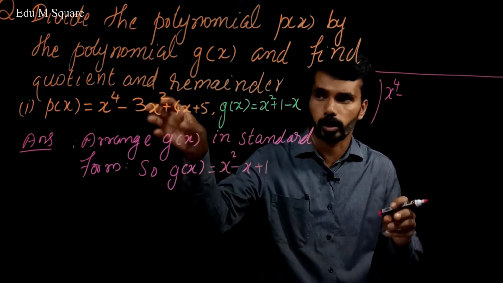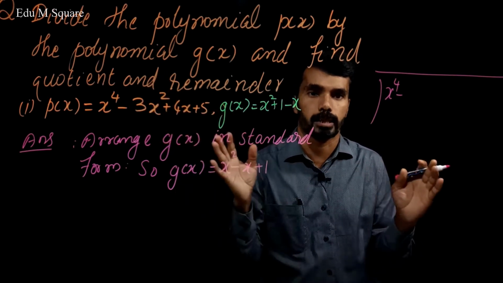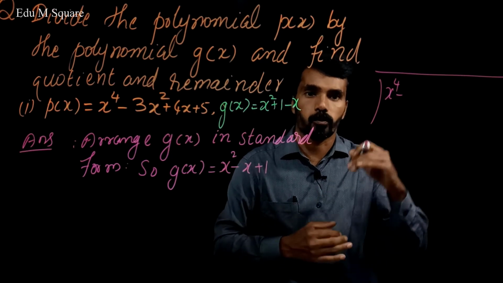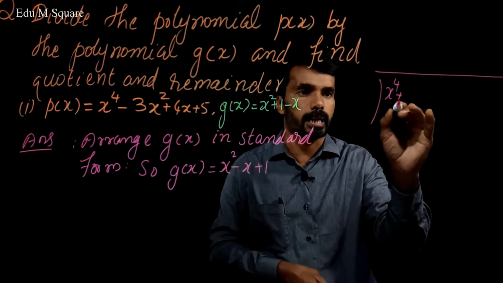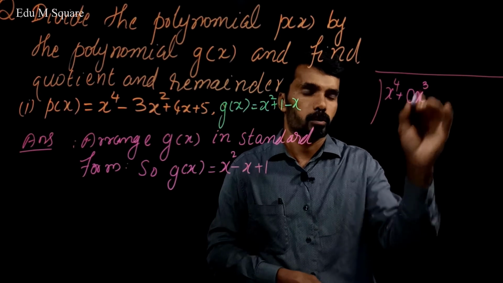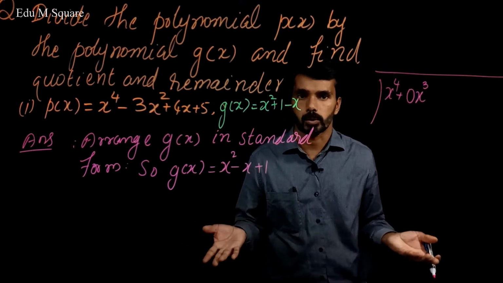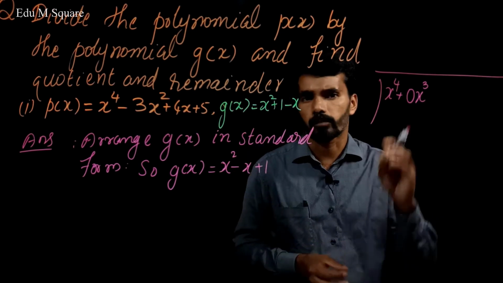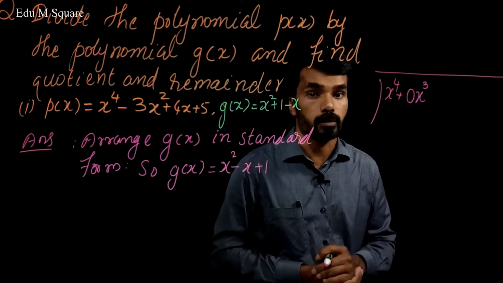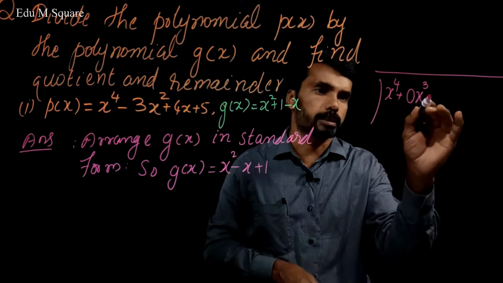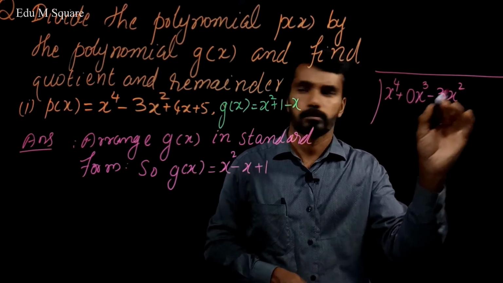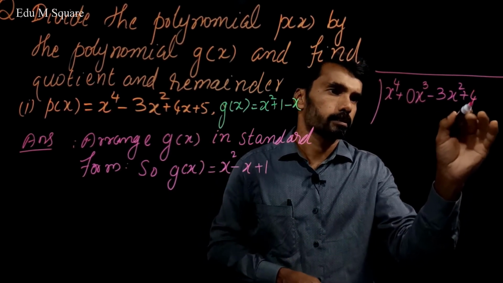See, actually in the given polynomial there is no x cube term, so for our convenience, we write it as 0x cube. One x cube term we write, at the same time its coefficient is 0, so there is no value. That we write only for our convenience. Then minus 3x square plus 4x plus 5.